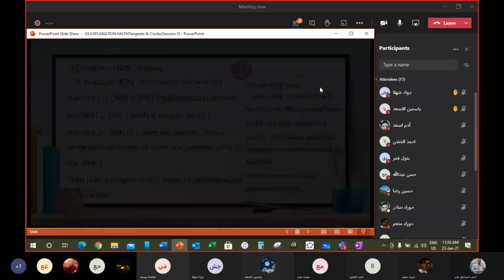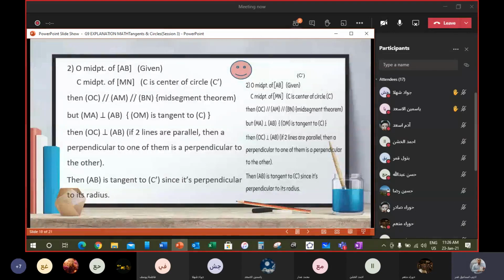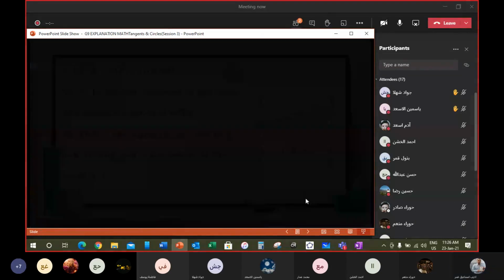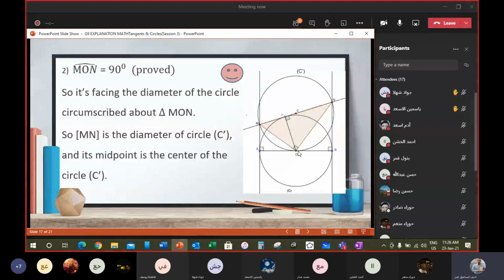We also have O, the midpoint of AB. Going back here, O is the midpoint of AB.